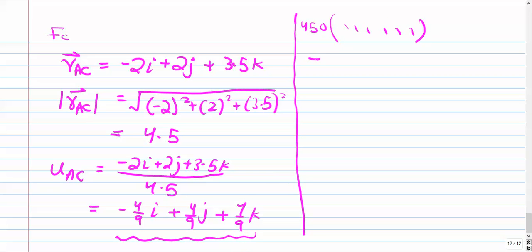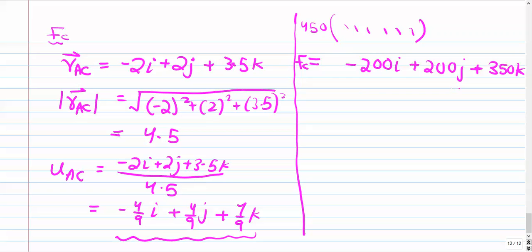I'm going to simply write down the product, which is going to be negative 200i plus 200j plus 350k. So this is FC. Now that we have our two forces, we can proceed to the next part of the question.